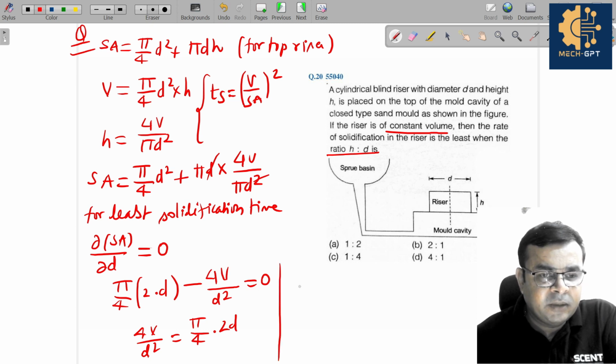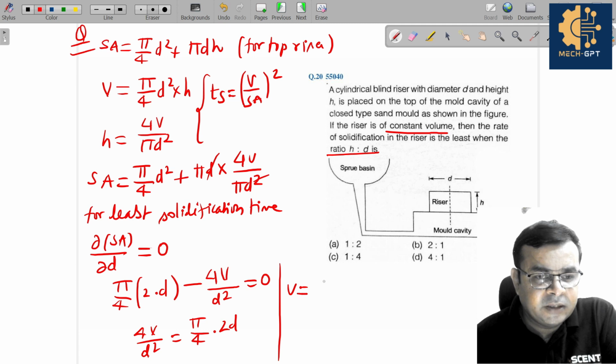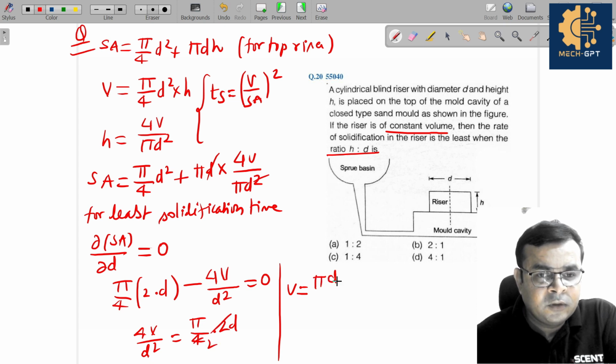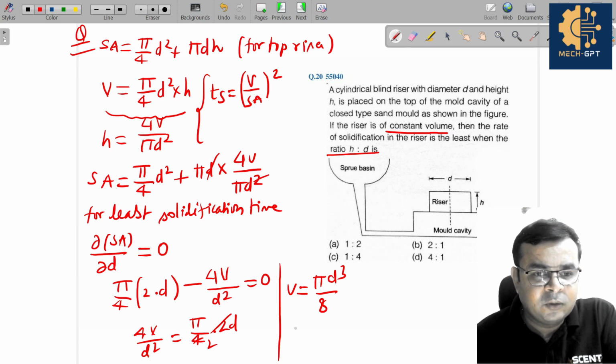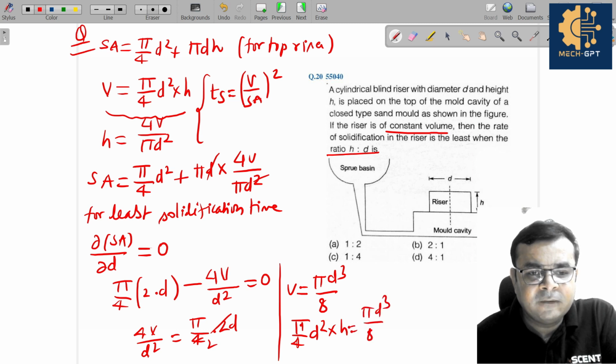Again, if you multiply with the diameter, here the volume becomes this is 2, so pi d cube by 8. Yes or no? Pi d cube by 8. And from this, we have volume equal to pi by 4 d square into h, which is equal to pi d cube by 8.